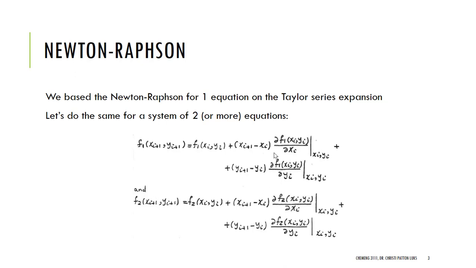I'll evaluate these at my starting points, and I can do this for the second function. So f2 at my new point is f2 at the old point, plus delta x times the derivative of f2 with respect to xi, plus delta y times the derivative of f2 with respect to yi.